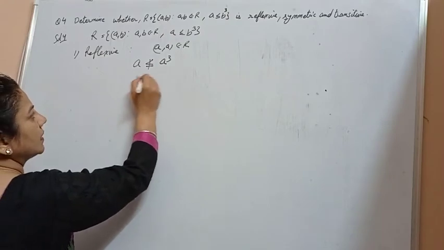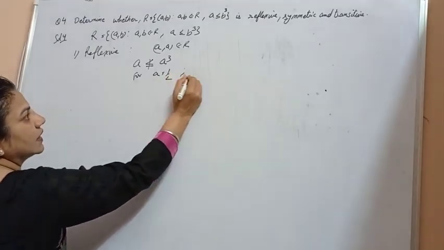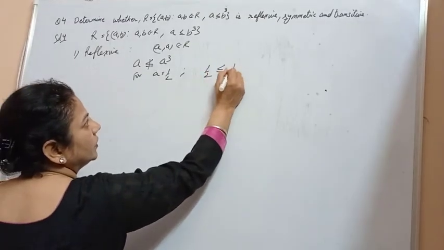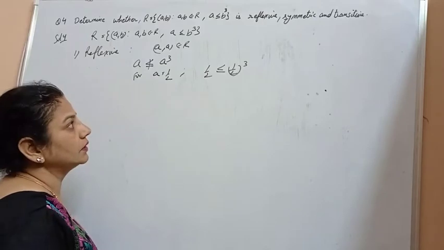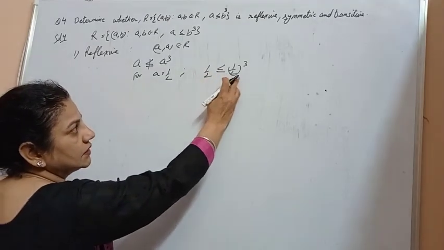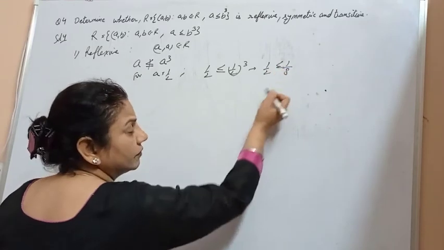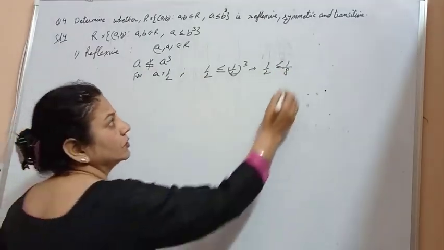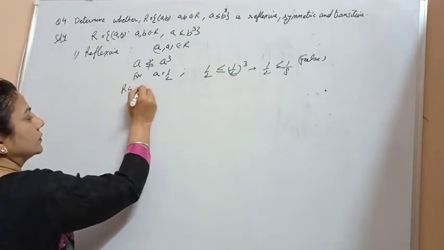You can take an example, A is equal to half. Half is less than or equal to 1 by 8? This implies 1 by 2 is less than or equal to 1 by 8, but 1 by 8 is less than 1 by 2. This is false. So R is not reflexive.